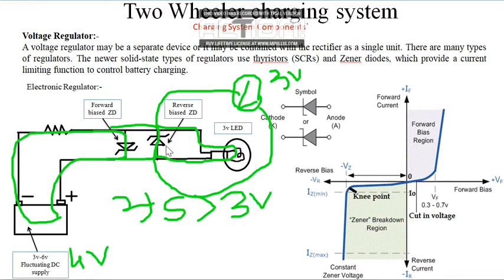So this Zener diode regulates the current through this wire in such a way. We know Ohm's law, IR is equal to V.